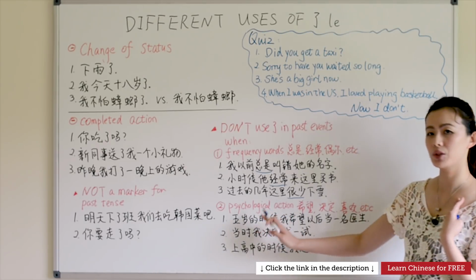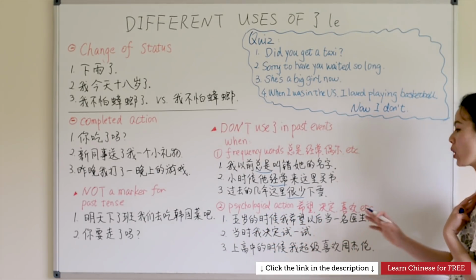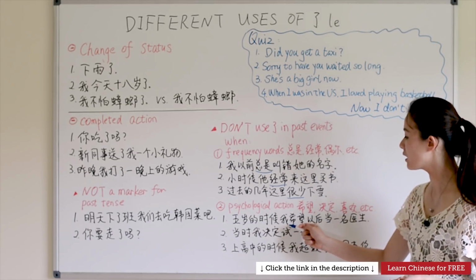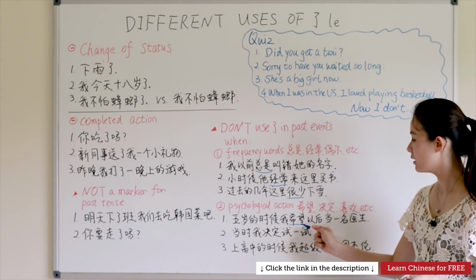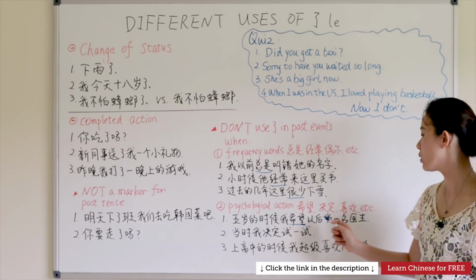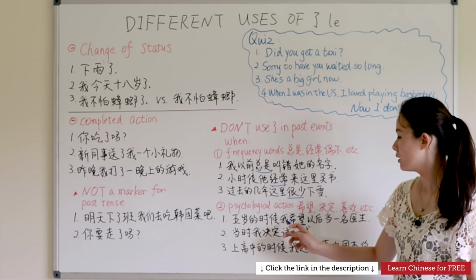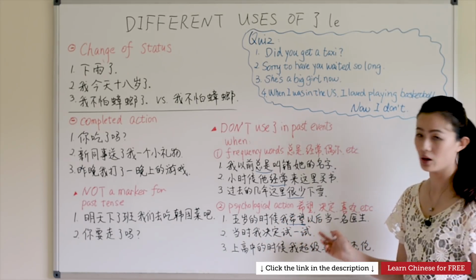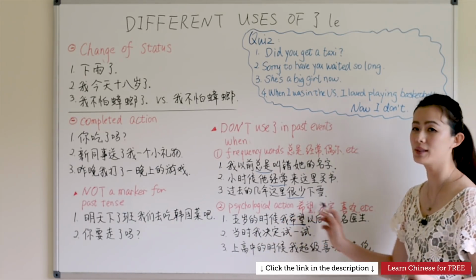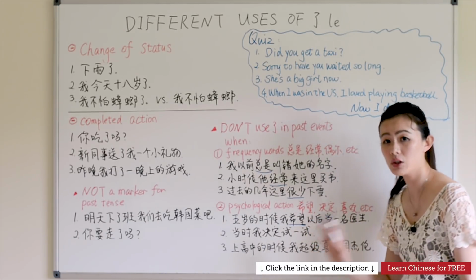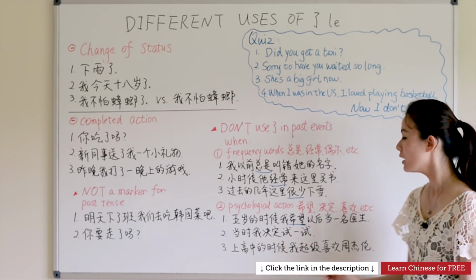When I was 5 years old, I hoped to be a doctor in the future. Because there's 希望 here, we don't need to say 我希望了以后当一名医生. We just say 我希望当一名医生. No need to use 了.